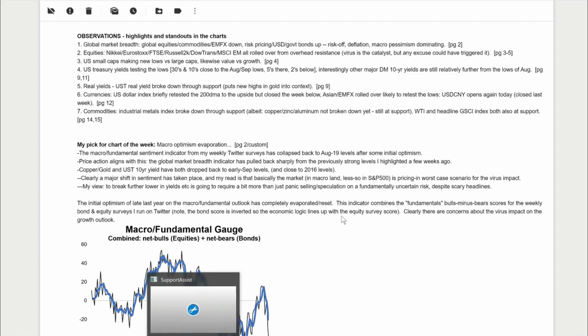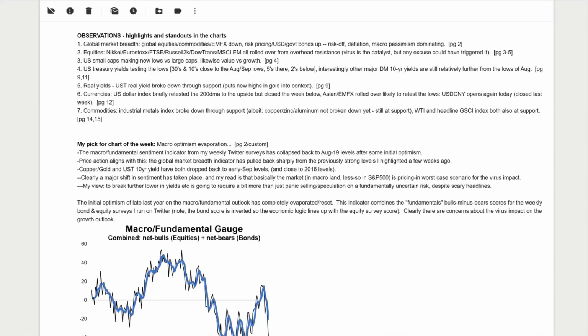This email contains the observations, and we'll go through this in detail in a second. There are basically 7 highlights from the charts, and then a chart of the week. It started off as a single chart of the week, but I ended up adding to it, and these days it's usually 3 or 4 charts, so it's more of a market theme of the week.